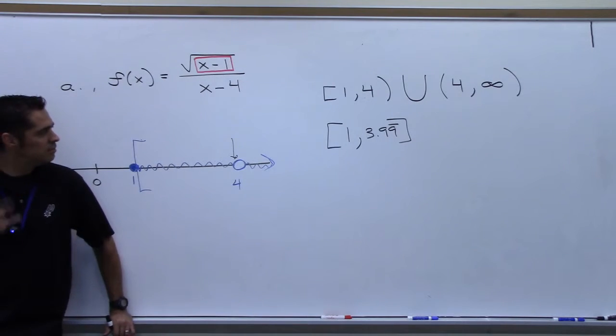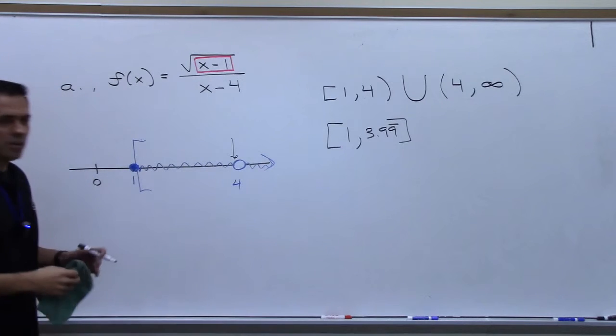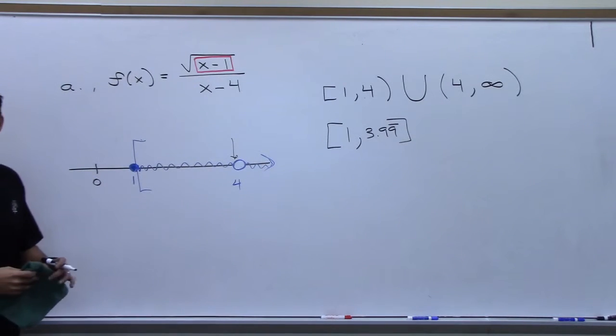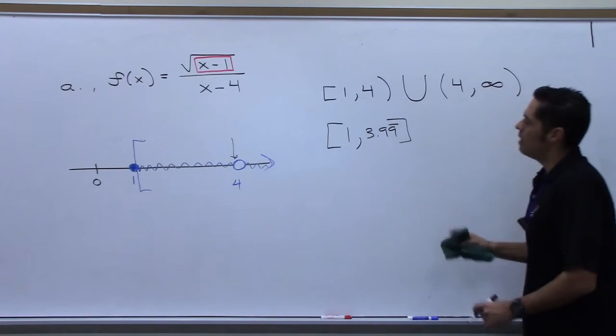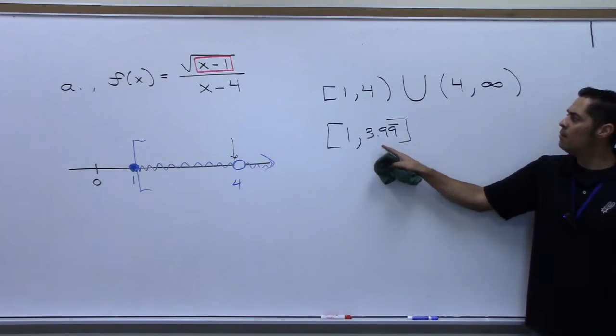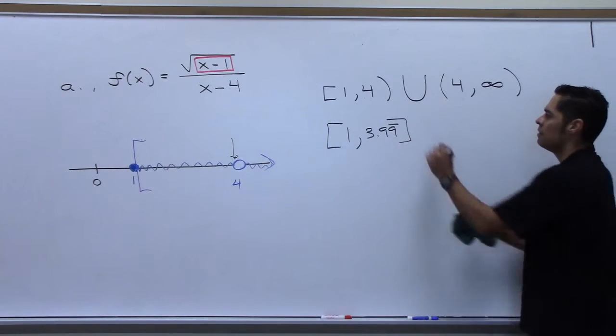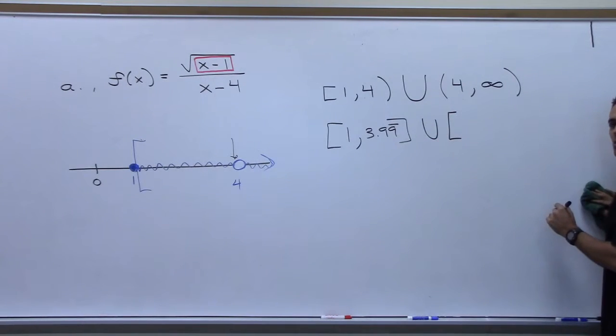Do you want to know the answer? Well, if this was the number right next to 4, then why wouldn't I just write this, union, and then what would be the number right bigger than 4? 4.0 repeating 1.